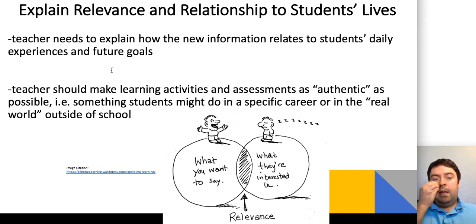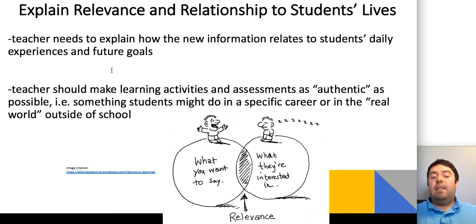A third way to scaffold and support English language learners is to focus on the relevance of what you're teaching. So explicitly state how what you're teaching is important to their life or how it relates to their life. This is essential because that way students will be more likely to be engaged in what you're teaching.